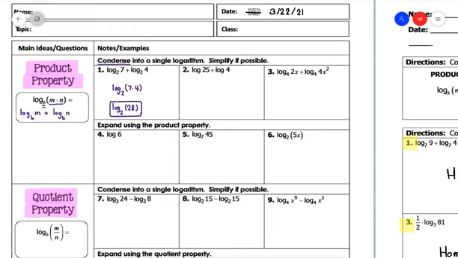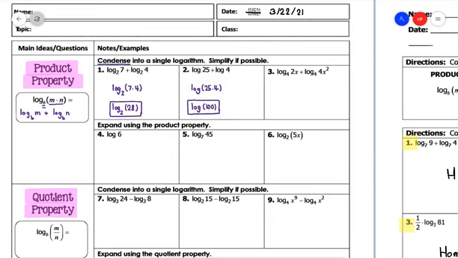On number 2, last time we talked about logs, we know that whenever we have no base written, it's a base of 10. So this is log base 10 on both, and so we have 25 times 4, which again we can condense even further and say that this is log 100. And you can either write these without the parentheses or with the parentheses.